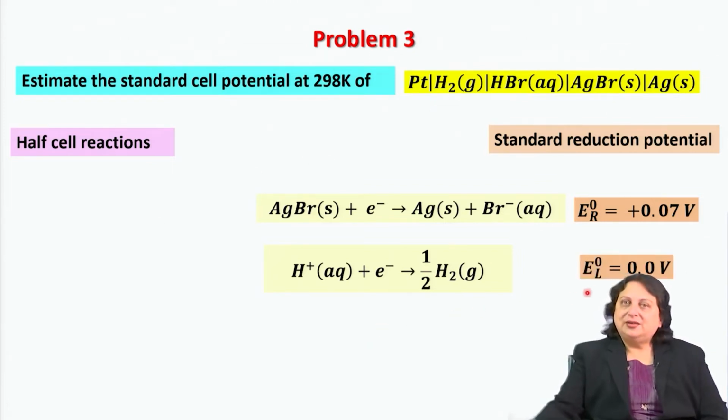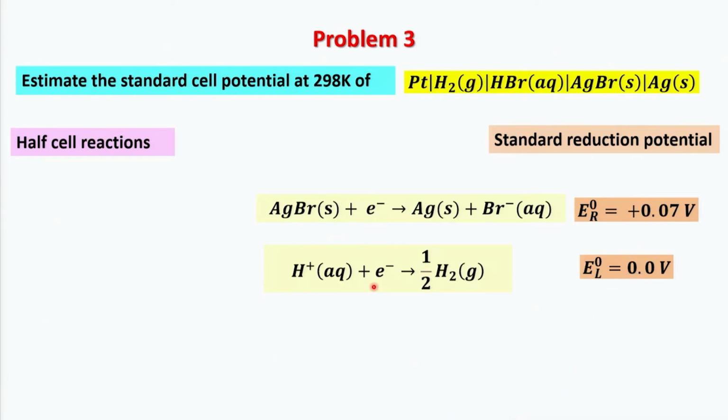I tabulate here the E naught value for this couple, which under standard condition is 0 volt, if I am maintaining the hydrogen gas at 1 bar and using unit activity of the HBr aqueous solution.